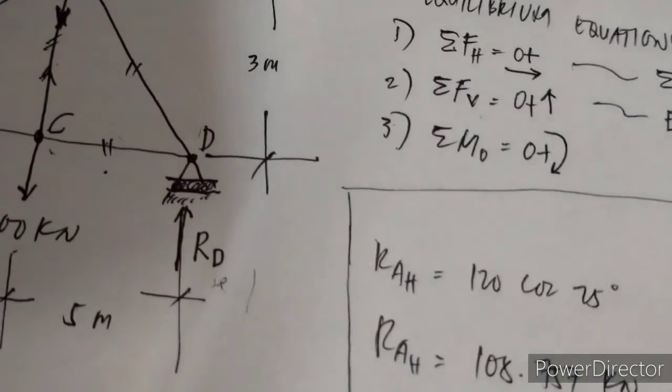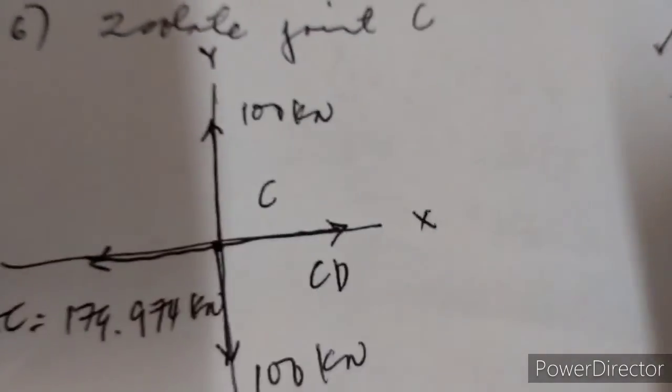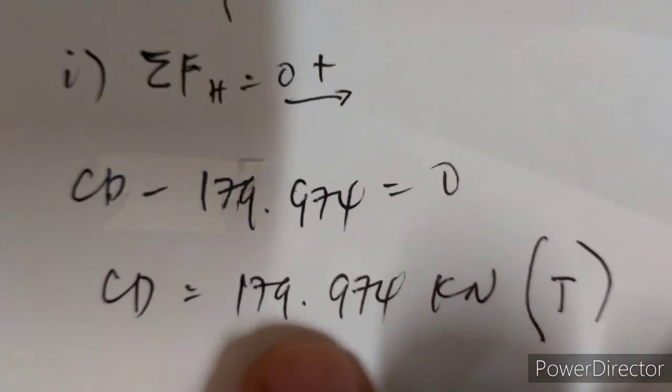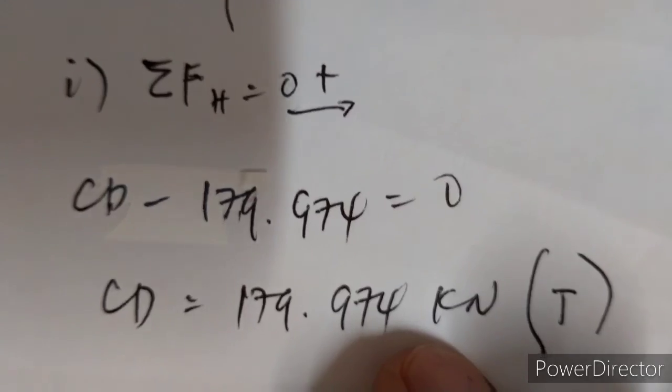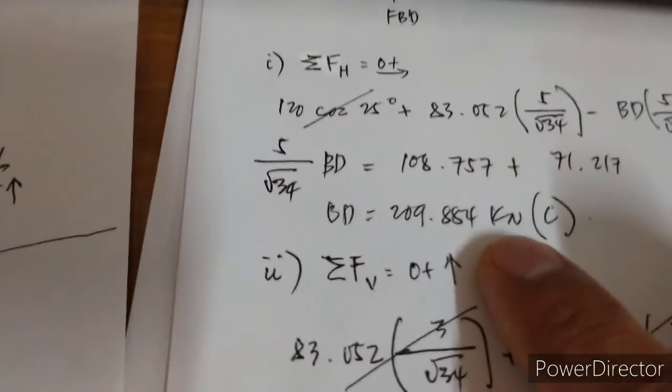Since we have already computed all the members, why not use joint D for checking if it will give us CD to be 179.974 and BD to be 209.884 kilonewtons.